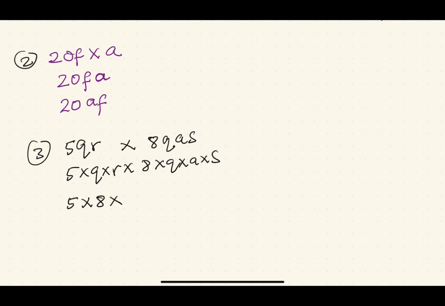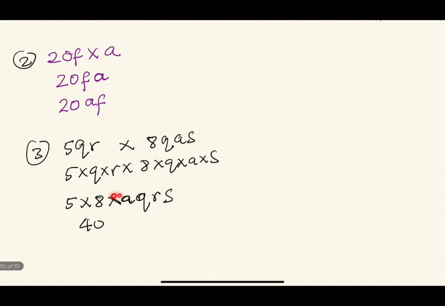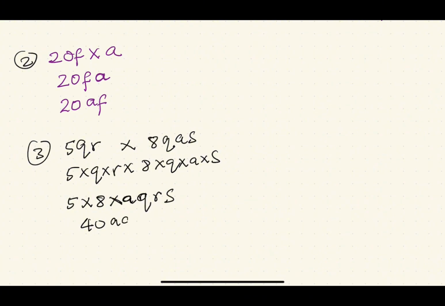I'll start with the first letter that appears in the alphabet, which is A, then Q, then R, then S. So 5 times 8 is 40 for the numbers. So these ones give us a 40. And I can choose to remove this multiplication and make it invisible and say 40AQRS. And that is our answer. We have multiplied the algebraic expressions.